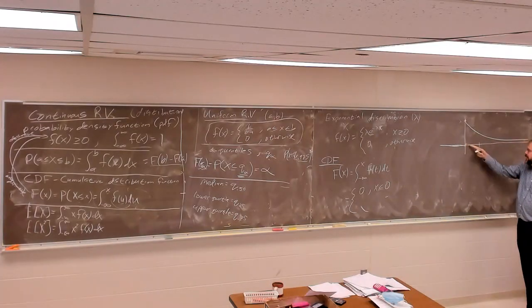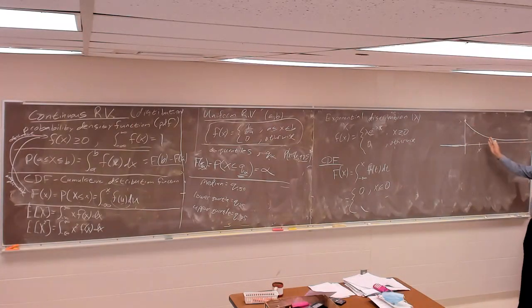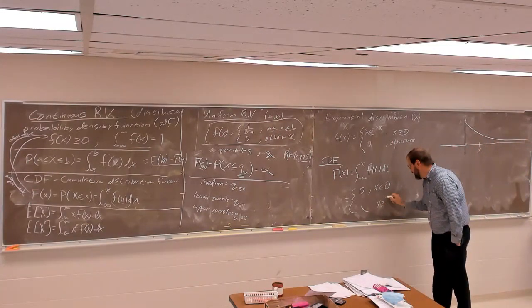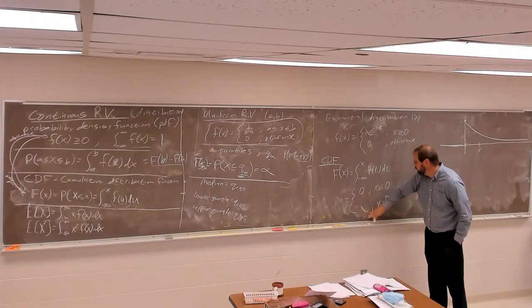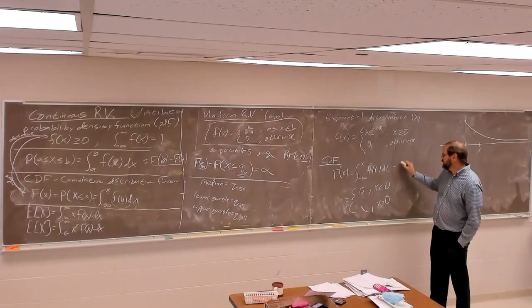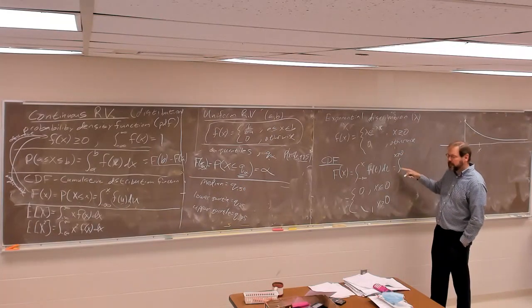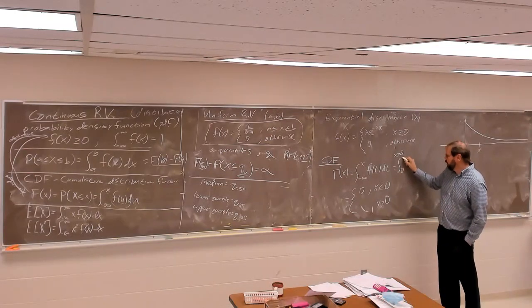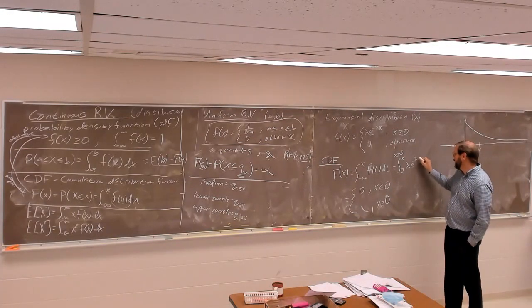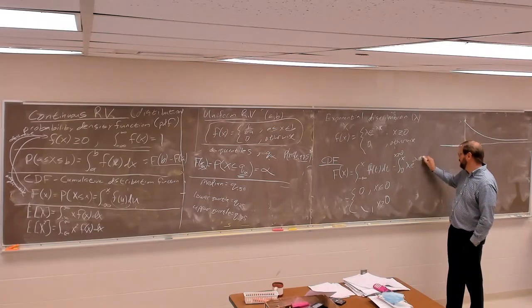And then once I get to 0, then I'm starting to accumulate some probability. And so then whatever the antiderivative of this function is, or whatever I get out of this integral, will be the value I get there. And so I can write this as the integral, if x is greater than or equal to 0, from 0 to x of lambda e to the negative lambda t.